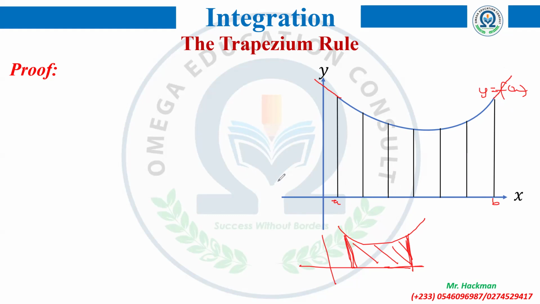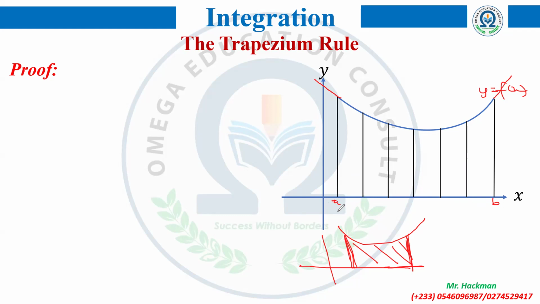Because you are integrating with respect to x, your limit must also be in terms of x. So the A here will be an x value, and your B here will also be a certain x value: your first x value, your last x value. Please take note. If you are talking about your ordinate, remember I said it will be the line.